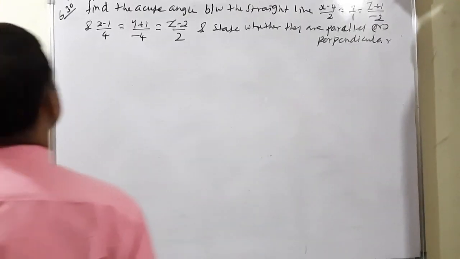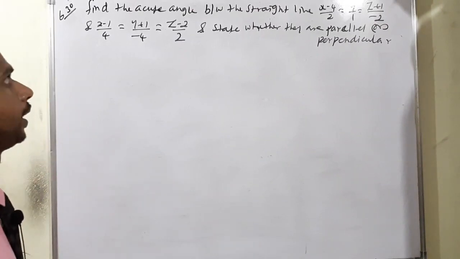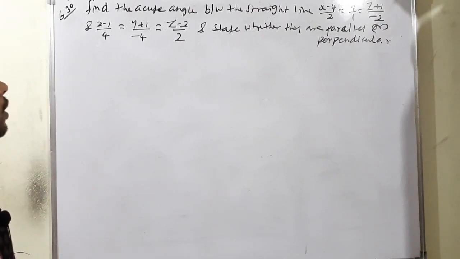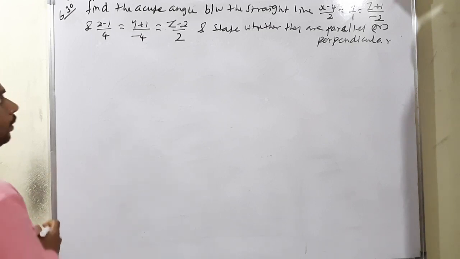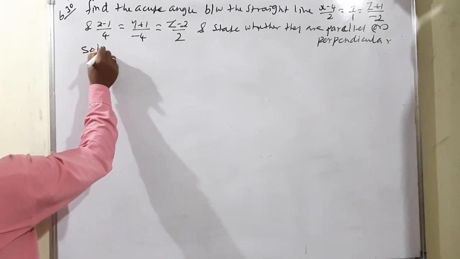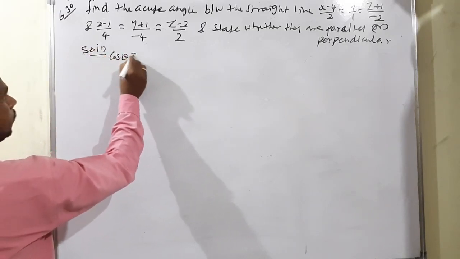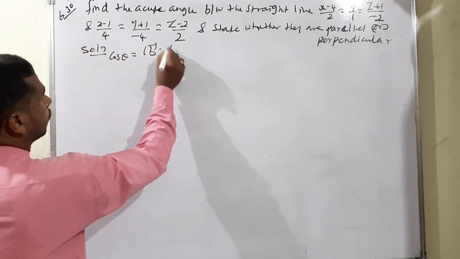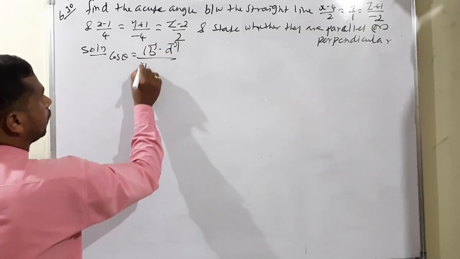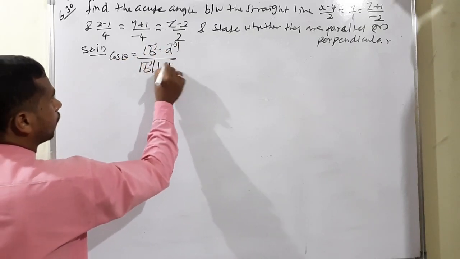Question number 6.30. Find the acute angle between the straight lines. The condition is they state whether they are parallel or perpendicular. First we have to find the B vector and D vector, because we already know the formula: cos theta is equal to the modulus of B vector dot D vector divided by the modulus of B vector into the modulus of D vector.